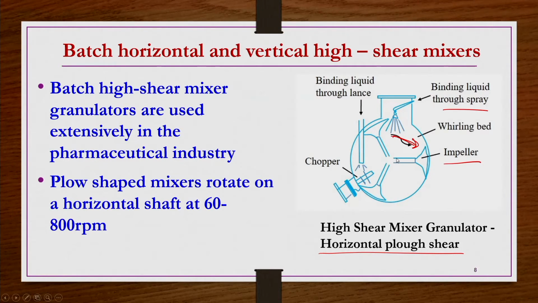We are seeing only a frontal view. When it rotates, whatever feed you have taken along with the binding liquid undergoes continuous mixing under high shear. Because of that high shear mixing, the granulation takes place. Here also the process seems to be very simple. Of course, we are not getting into the design concept of this equipment.